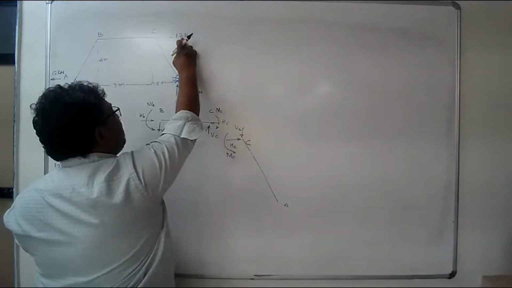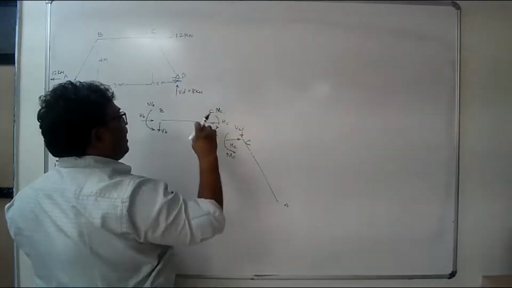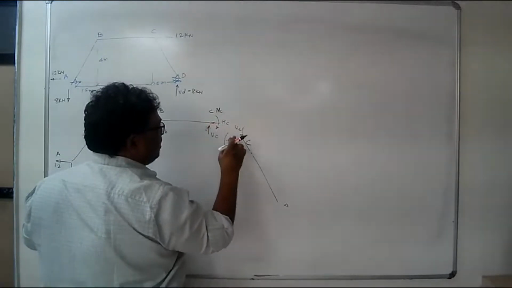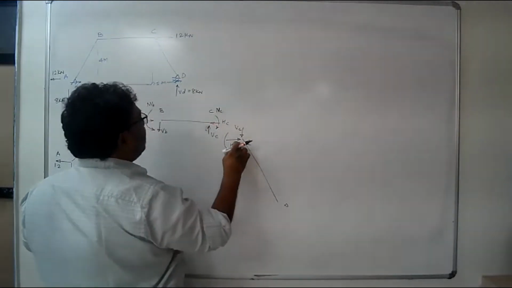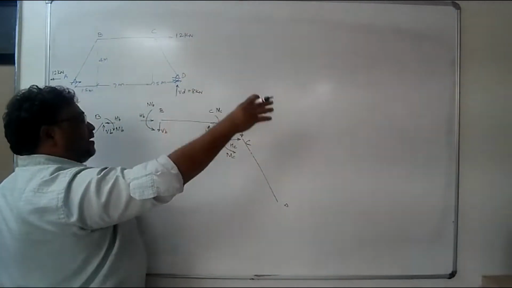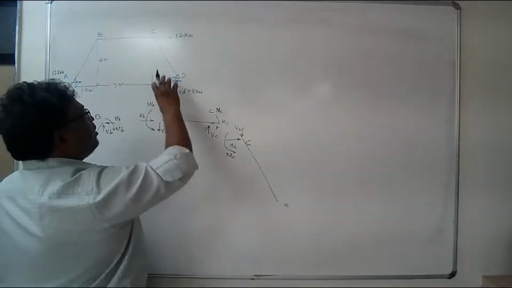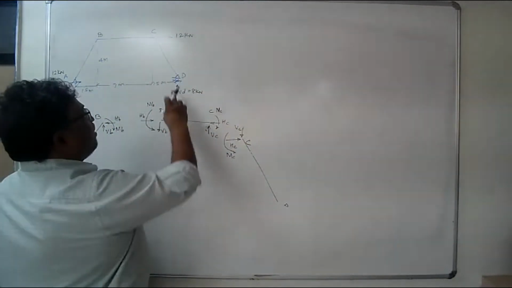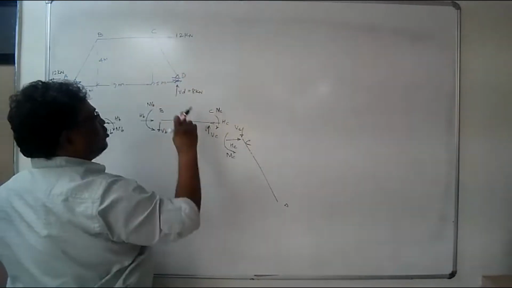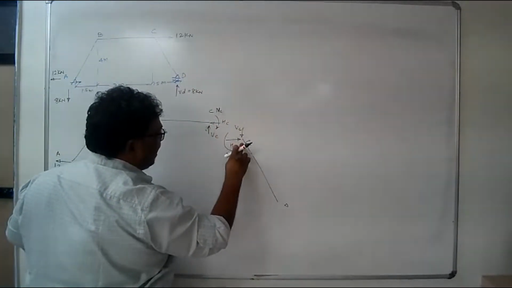But there is an external force acting here, 12 kilonewton, that has to be shown either at this joint C or here at C. In earlier problems the force was acting on the member, so we showed the force on the member. But here the force is acting at joint C, so I have to show it either here or here.